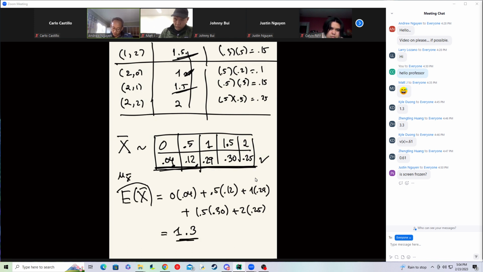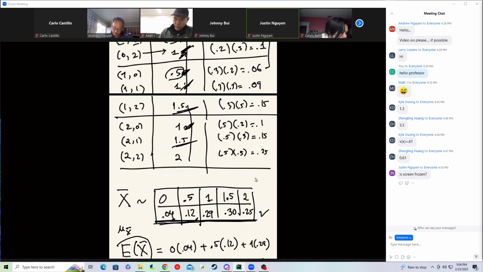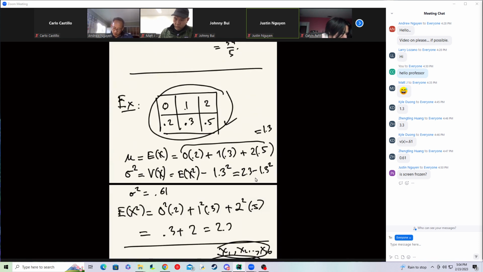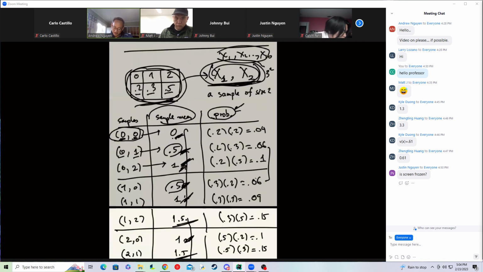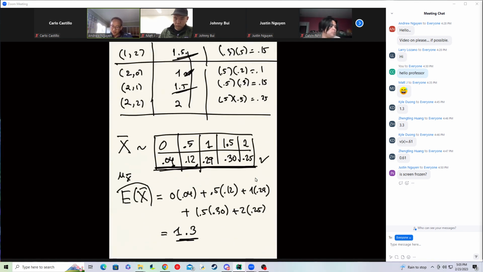Have we seen 1.3 before? Yeah. 1.3 is also the expected value of X. So X bar fluctuates, but on average, fact number one, it's not a coincidence that the expected value of X bar is always mu.